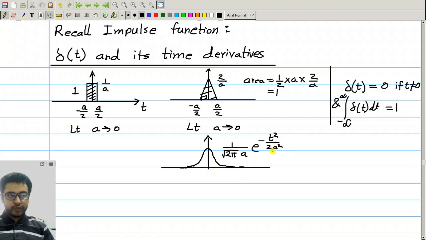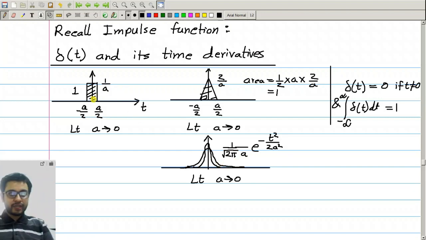If you take smaller and smaller values of a, then this pulse will be narrower and narrower. Simultaneously it will be taller also. If you take the limit a tending to 0, this will also give a delta function. And mathematically one can prove that the area under this curve is 1.